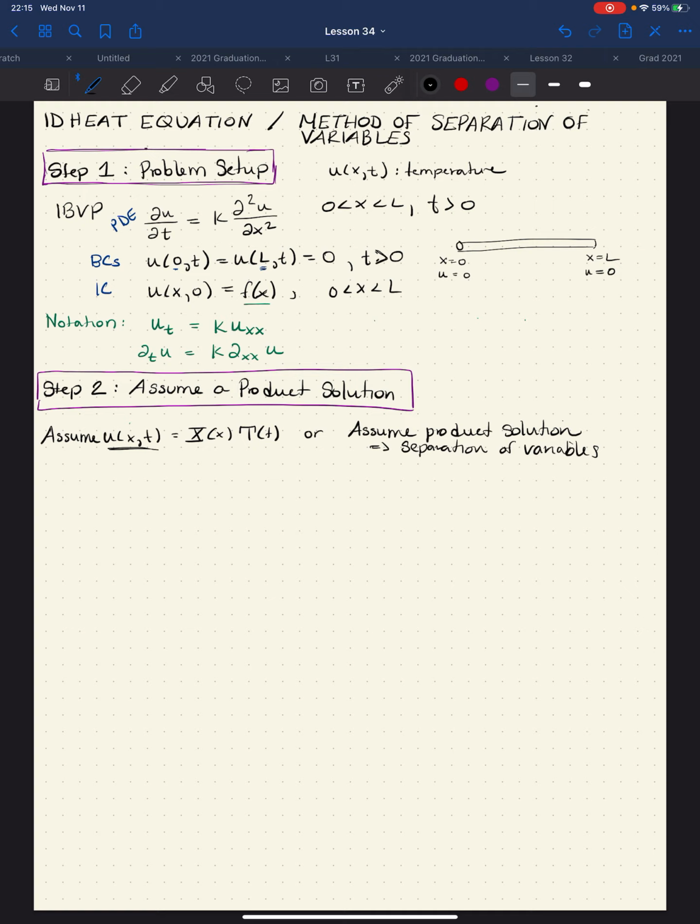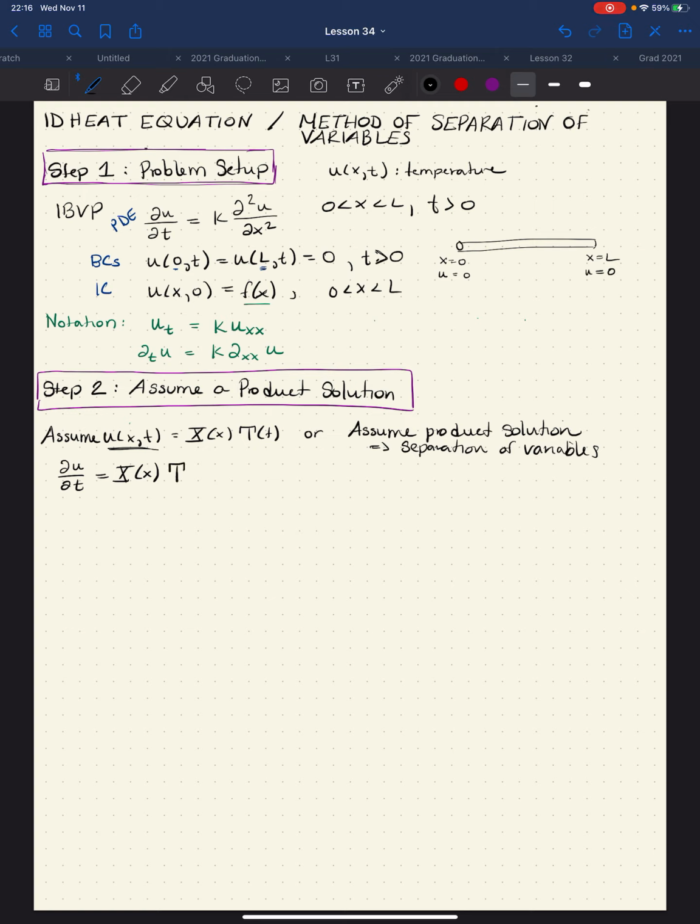Okay. So the first thing we notice is that we have a first derivative in time and a second derivative in x. So let's do the first derivative in time. So du/dt is going to be equal to, in this particular case, we can hold x constant. So X of x doesn't change, it's just a constant, this is a partial derivative.